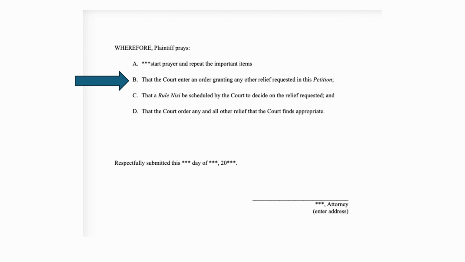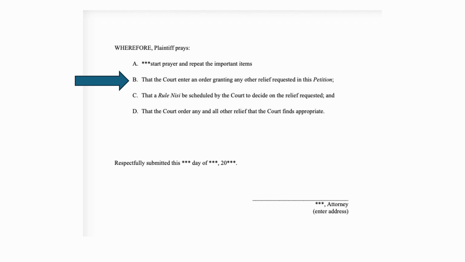So if you're asking for compensatory damages for pain and suffering and lost wages and punitive damages, then you would have B, an order awarding, or you can just put award plaintiff compensatory damages for pain and suffering, or whatever it is. If you're going to have the punitive damages, you would put a new line in, and C would become the punitive damages.